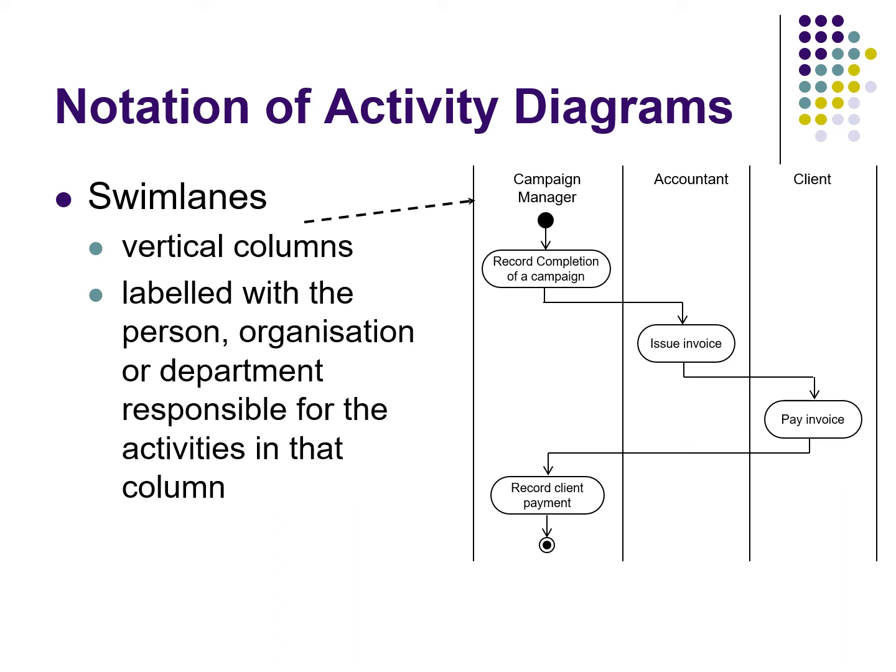Let's say you have one particular use case with 3 actors. You will put each of them here, and for each of the activities that you already defined, you will assign the responsibility, meaning that record completion of campaign is an activity done by the campaign manager, whereas pay invoice is done by the client, and so on and so forth.